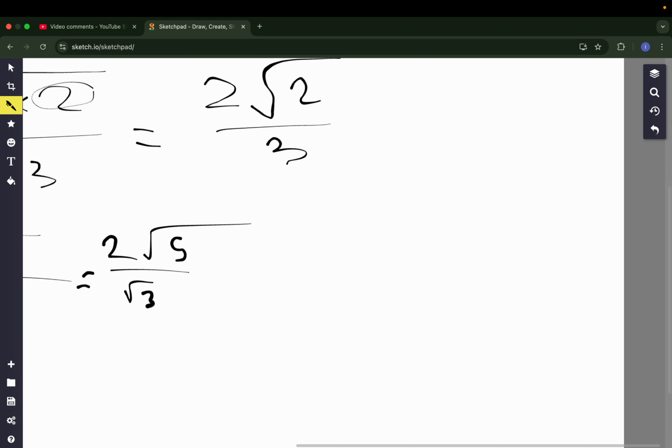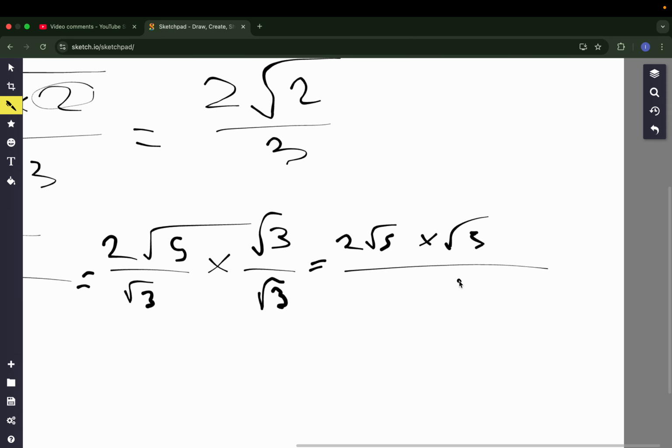So in this case, we would just times the equation by the denominator. We do this so we can equalize the equation. So basically, it's saying that 2 square root of 5 times square root of 3 is equal to square root of 3 times square root of 3.